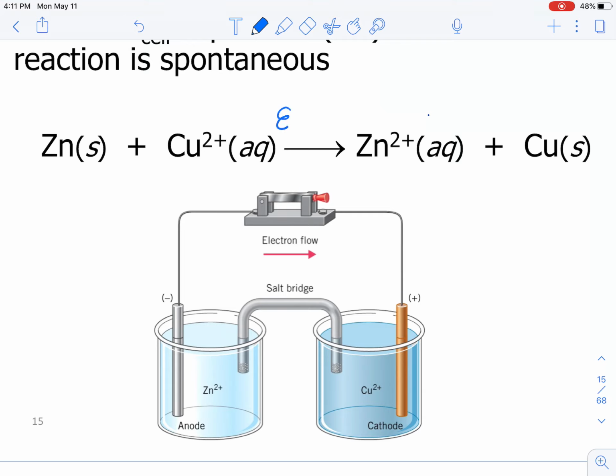The standard cell potential was already calculated in the previous lecture video for this reaction, and it turns out to be 1.10 volts. Since this answer is positive, that tells us that the forward reaction is going to be spontaneous.